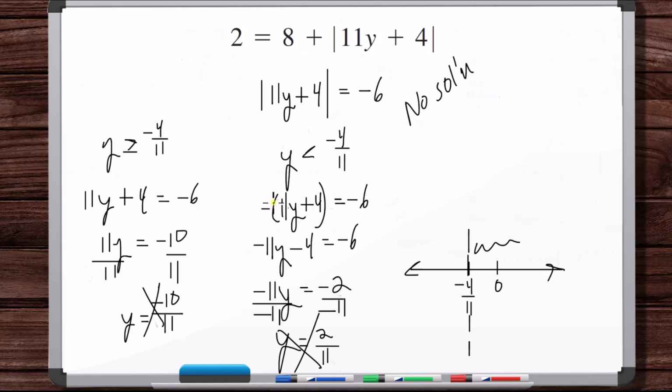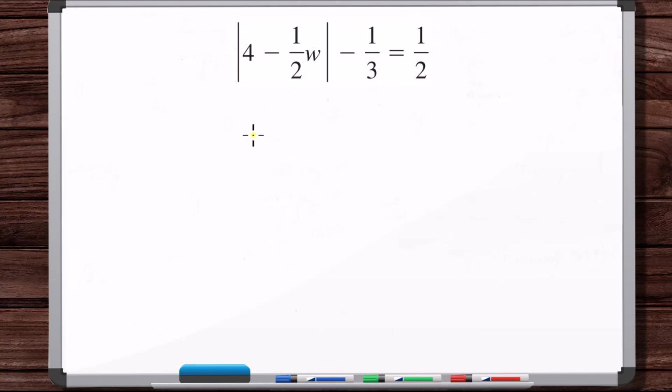You see, we accounted for all possible values of y: greater than or equal to -4/11, less than -4/11, that accounts for everything. We didn't find a solution, so there's no solution. So if it's not explicit that there's no solution, or like the other special cases, where all real numbers are solutions, then just go through the process to solve it, and you'll figure that out.